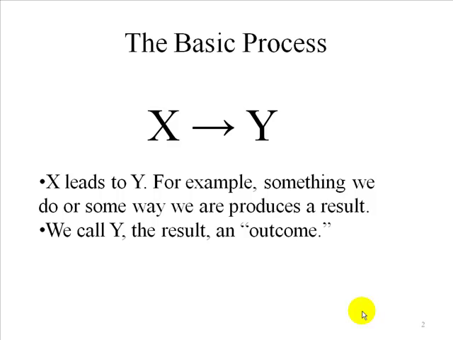So the basic process is often depicted as X leads to Y. So X and then this little arrow means causes or leads to, and then Y is your result or your outcome. Something we do or some way we are leads to, produces a result.